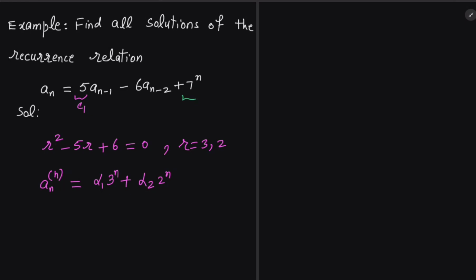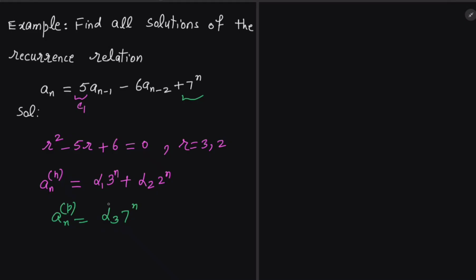Here f of n is 7 raised to power n, and the particular form will look like this: a_n^(p) will be equal to alpha 3 times 7 raised to power n. It is up to you whatever name you like to call this constant: c1, c2, c3, whatever.